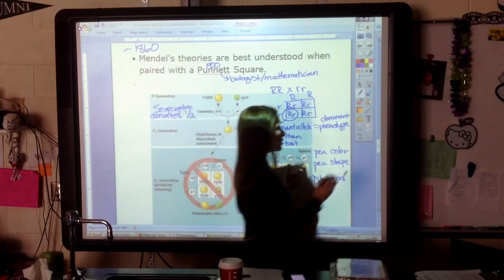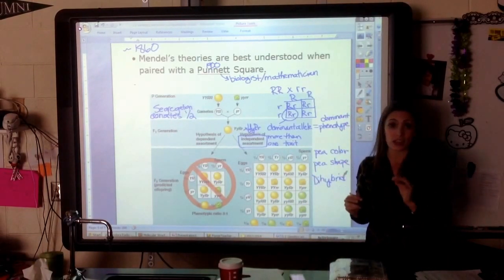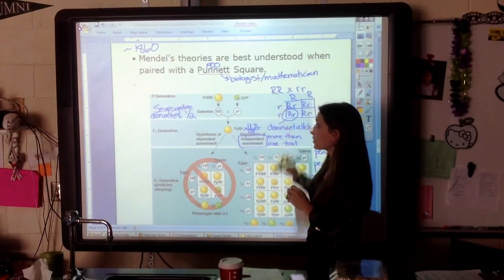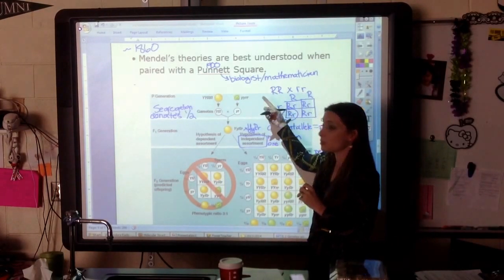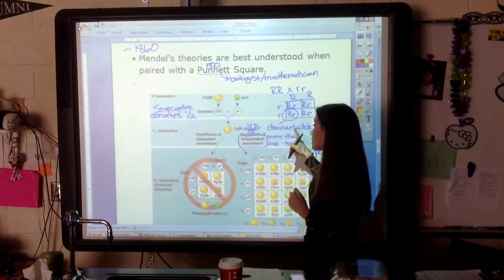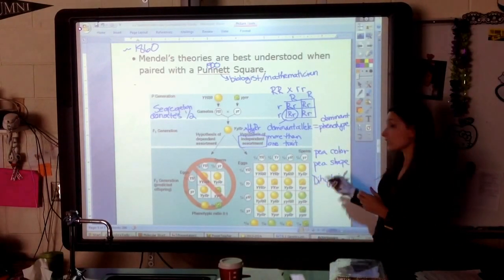So the final part of these notes is really looking at what predictions can you make. Before you move on, you do just want to take some time and go back and practice what is segregation, what is dominance, and what is independent assortment, and how is it shown here.